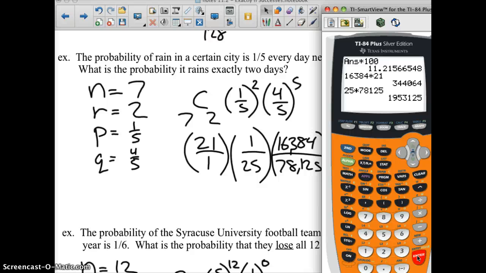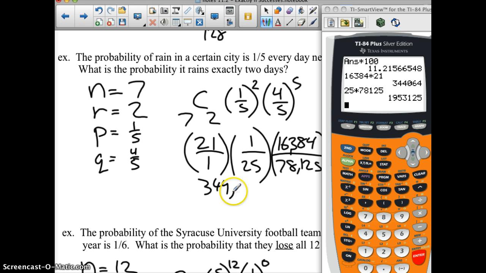There is the probability that it rains on exactly 2 days. 344,064 over 1,953,125. All right, 1 million. So there you go. It's less than 1.